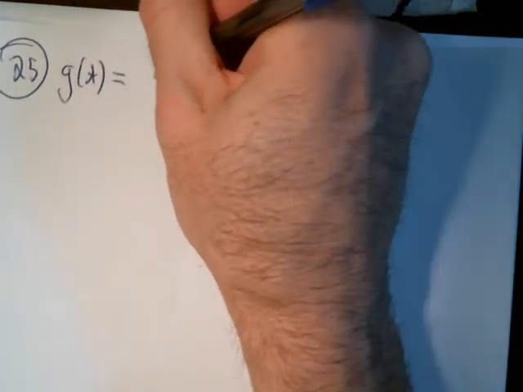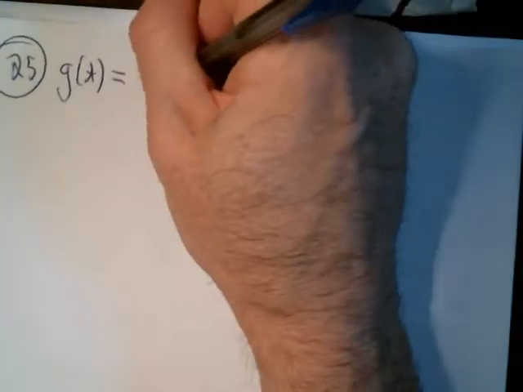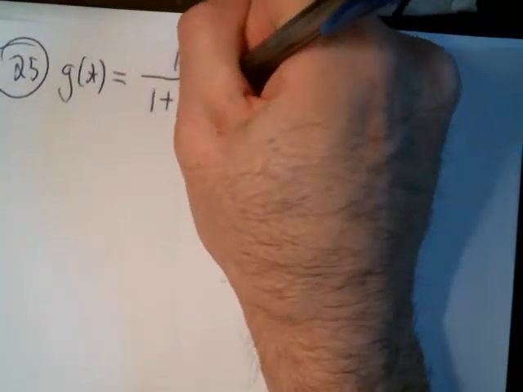Anyways, let's look at one more off of that. And this guy is our logistic equation, which, if you keep taking math and you take differential equations, is one of the important equations for modeling biological systems. So we have g of t equals 10 all over 1 plus 4e to the negative t.